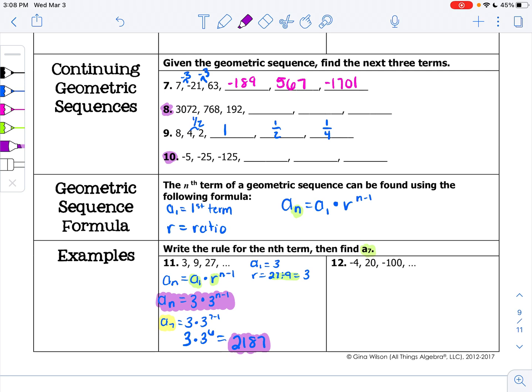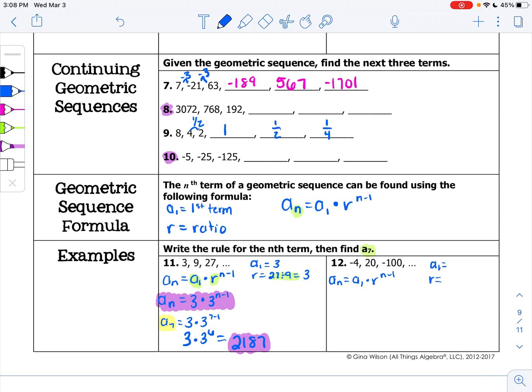Number 12, we're going to do the same thing. My directions still tell me to find that 7th number. So we're going to start with writing the general formula. A sub n equals a sub 1 times r to the n minus 1. Then we're going to write what a sub 1 equals and what r equals.